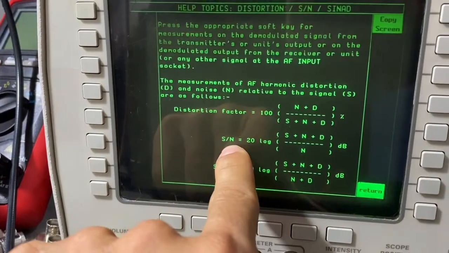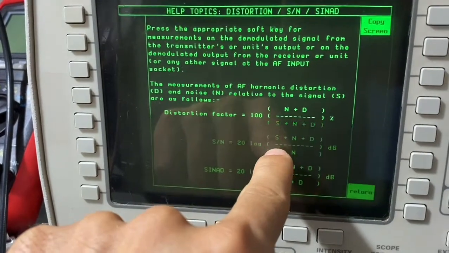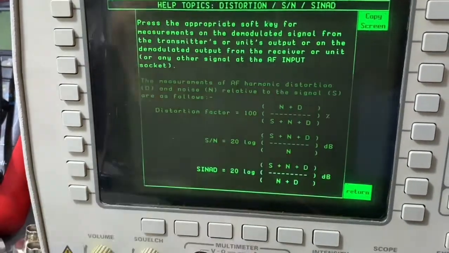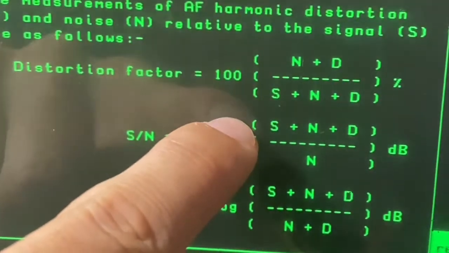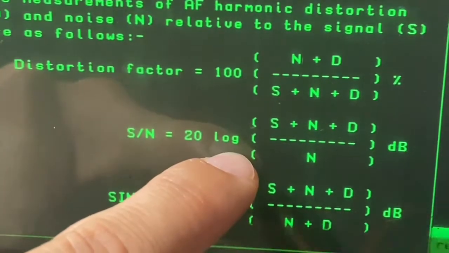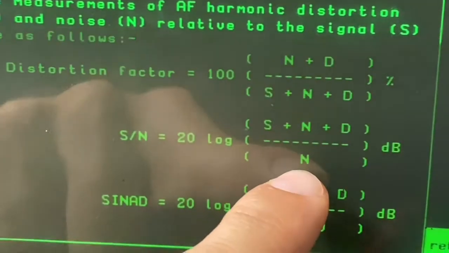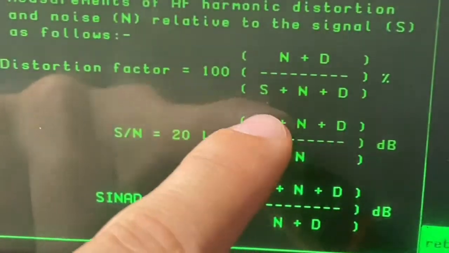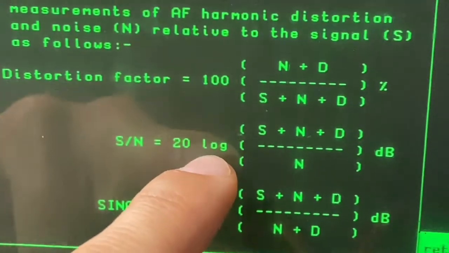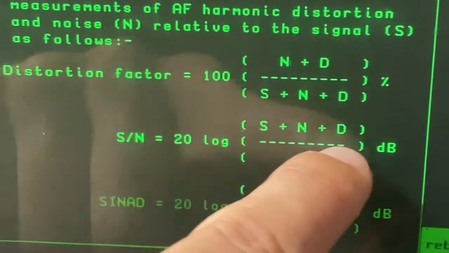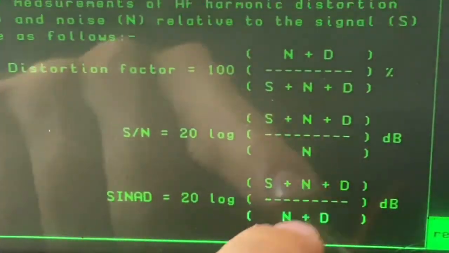I will check this ratio, the signal to noise ratio, and to do that I will use this formula and I will attempt to measure the voltage on the upper side of the fraction, and then we remove the signal with this distortion and we will measure the voltage level of the noise. We will then calculate this fraction, do the log base 10 of this, and multiply by 20, and we will get a number in dB.